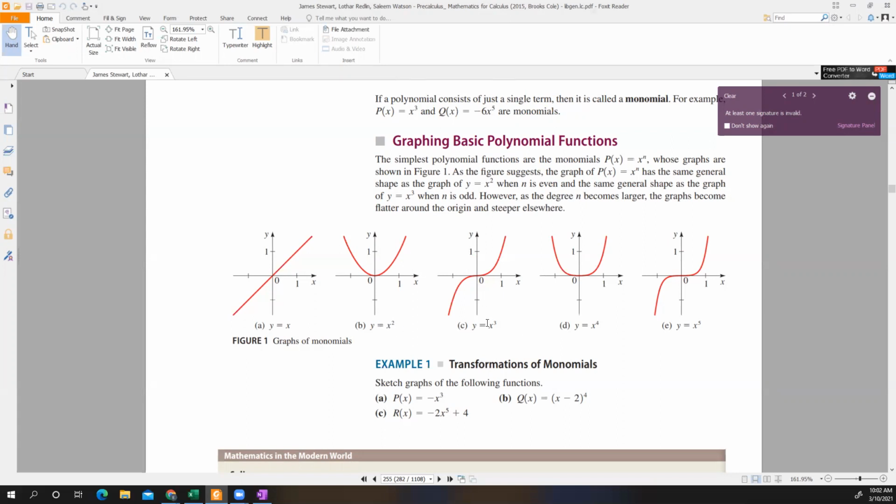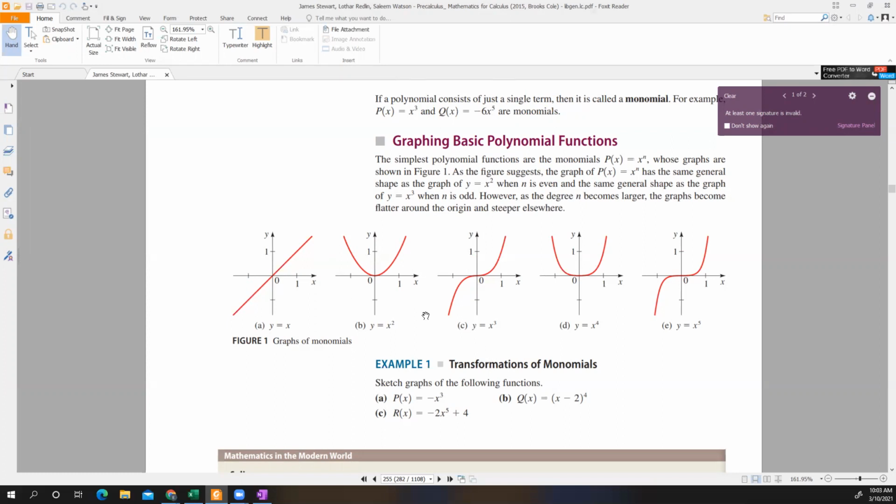Then you have y = x^3, and this is its graph. y = x^4, and then y = x^5, a 5th-degree polynomial. Even y = x has some similarity with x^3 and x^5. There's some similarity between polynomials of odd degree and polynomials of even degree.